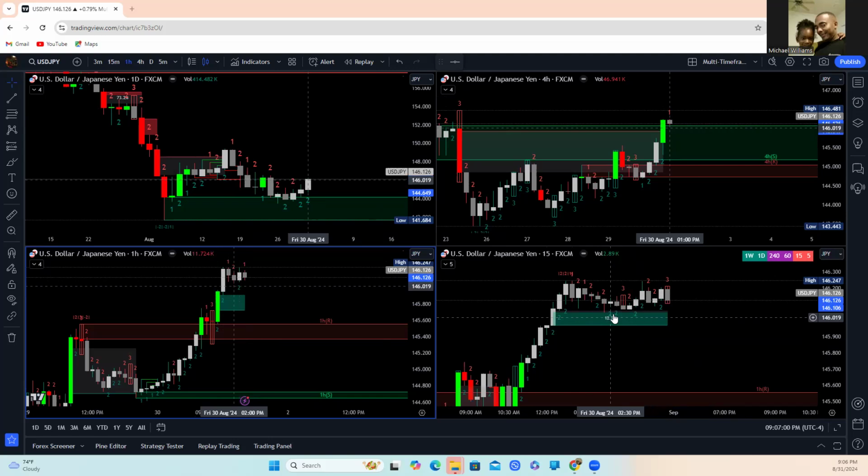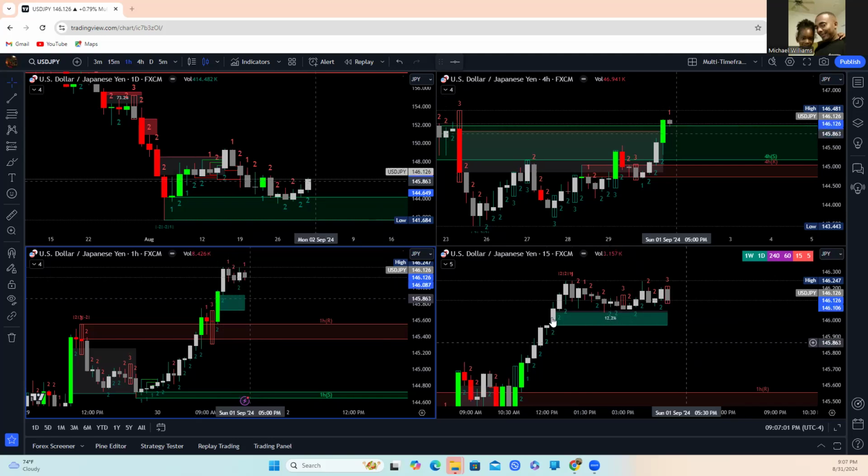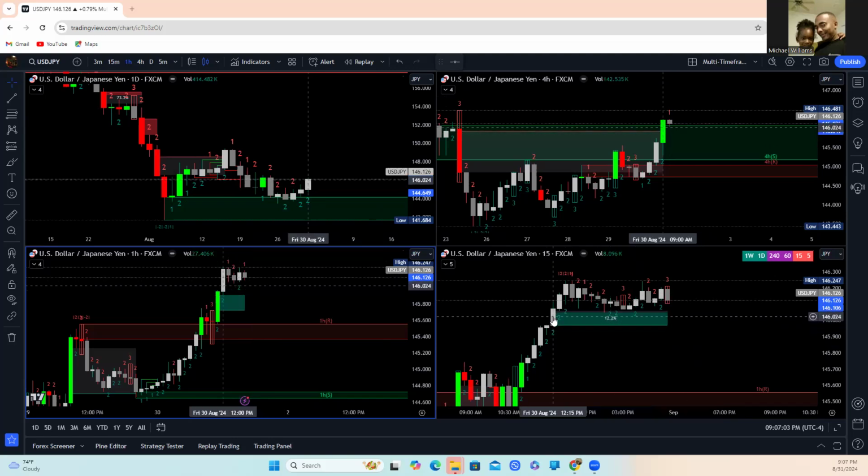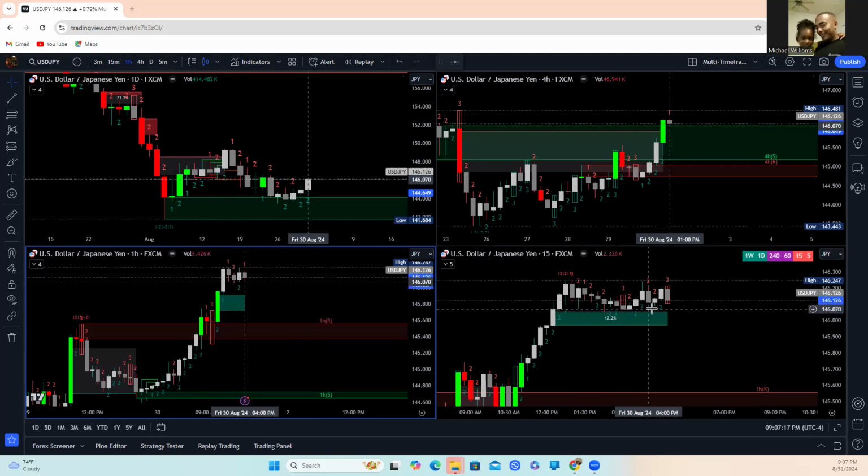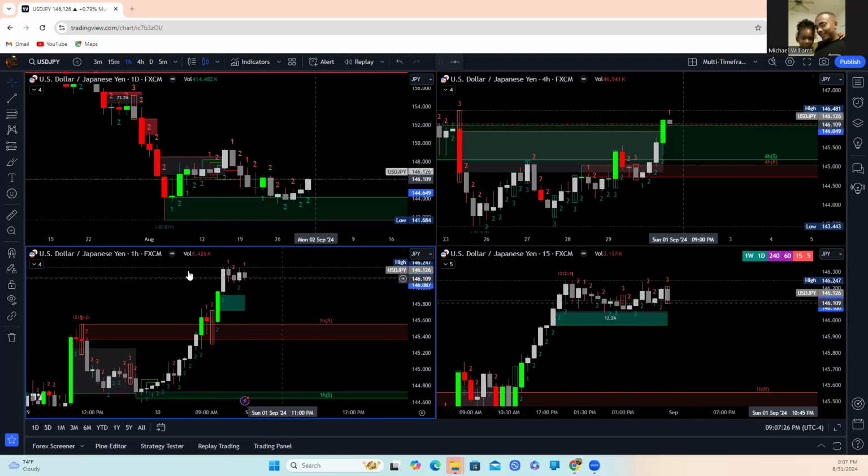So the question was easily and quickly answered, because we have this fair value gap that was created by the 12:15 candle. Notice, this is the 12 o'clock candle, and that fair value gap was created at 12:15, and price basically bounced off of it the rest of the day and created this zone right here, which will probably end up being a resistance area when the market opens next week.